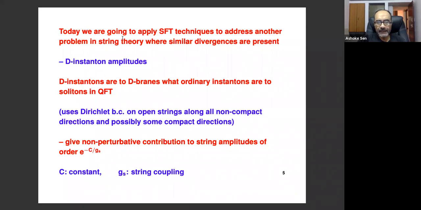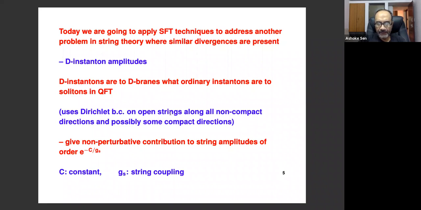Today we are going to apply string field theory techniques to address another problem in string theory, where similar divergences are present. These deal with d-instanton amplitudes. D-instantons are to d-branes what ordinary instantons are to solitons in quantum field theory. D-instantons use Dirichlet boundary conditions on open strings along all non-compact directions, including time, and possibly some compact directions.